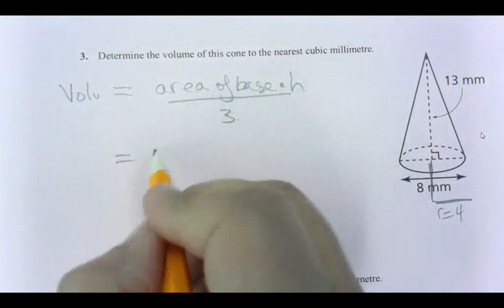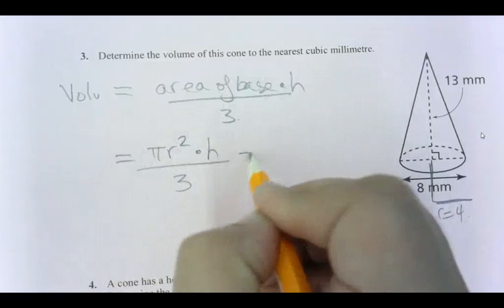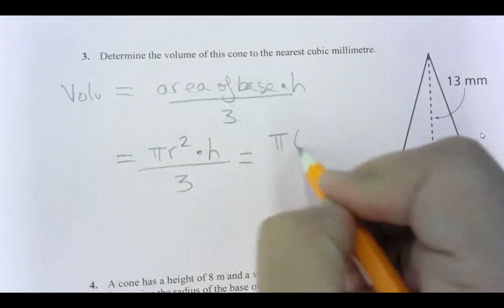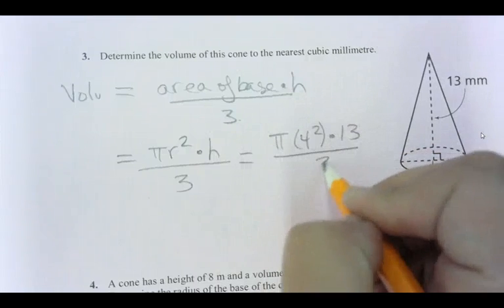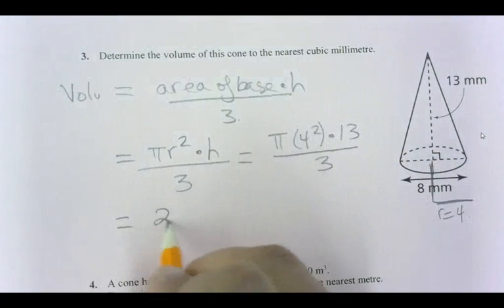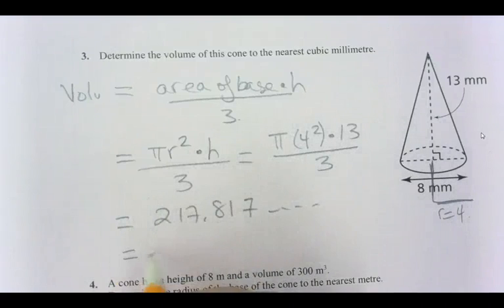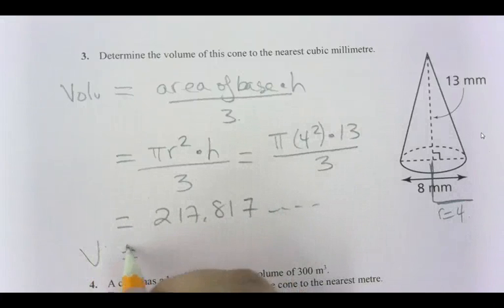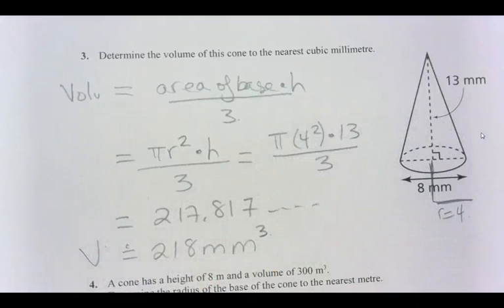The area of the base in this case is pi r squared, and then times the height divided by 3. So I've got pi, then I have 4 squared times 13 over 3. And that equals 217.817. And rounding it to the nearest cubic millimeter, my volume is approximately 218 millimeters cubed.